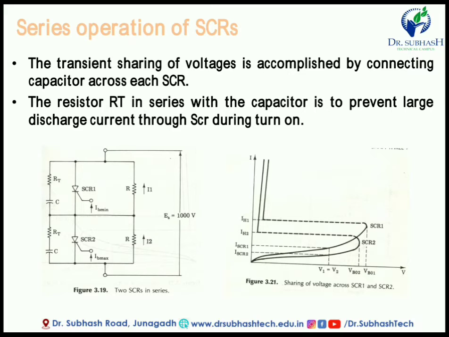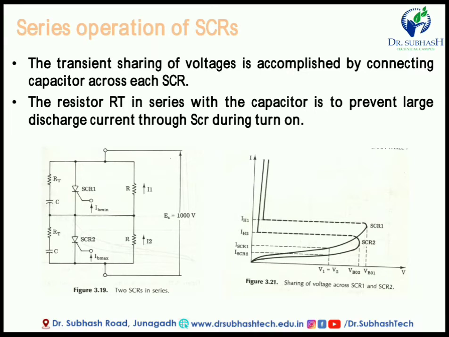The transient sharing of voltage is accomplished by connecting a capacitor across each resistor. The resistor RT in series with the capacitor prevents the large discharge current through the SCR during turn on. Whenever the SCR turns on, the current suddenly becomes very high.